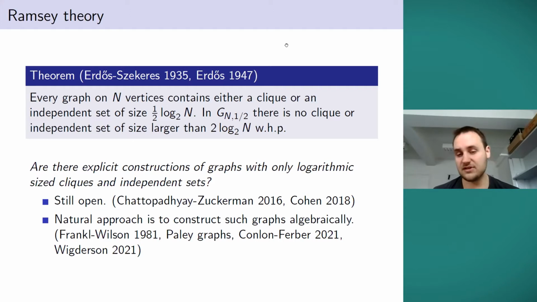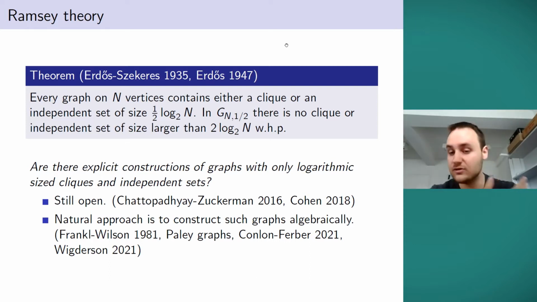The first construction of explicit Ramsey graphs with a polynomial bound, namely that it has smaller cliques and independent sets than n to the alpha for every positive alpha, is a construction of Frankl and Wilson. They consider set systems and intersection patterns of set systems, but their construction is very much algebraic in a certain sense. In particular, I will talk about this construction in a few minutes.